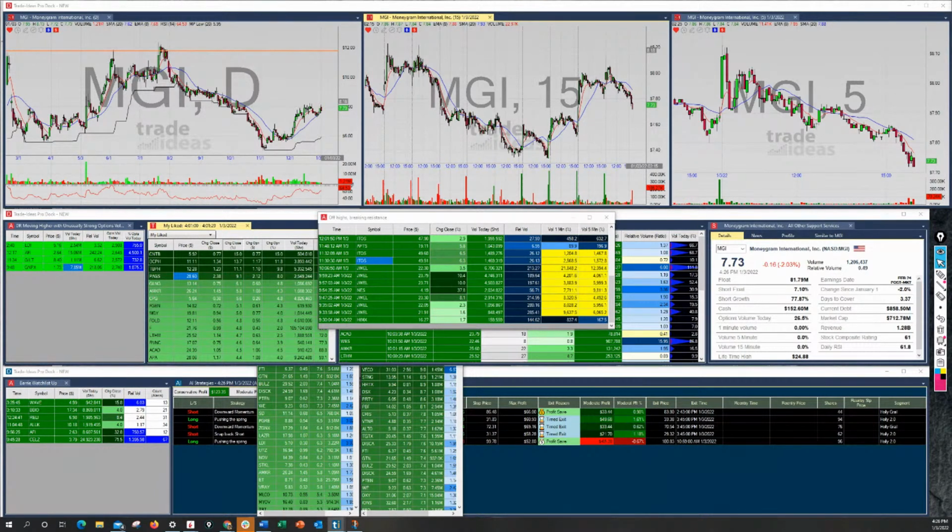My evening scans, I'll share them both with you. This is the updated one coming in next, where all I really did was remove the position in today's range, and I just upped the price range on it by $10.